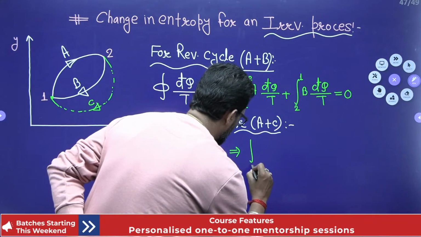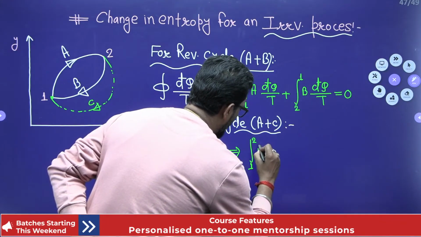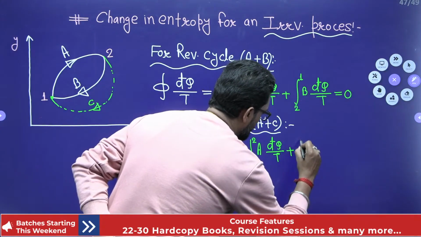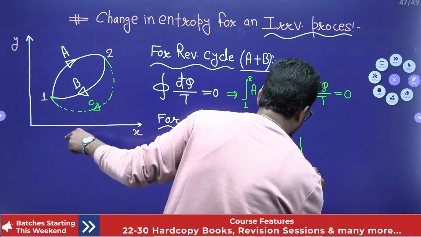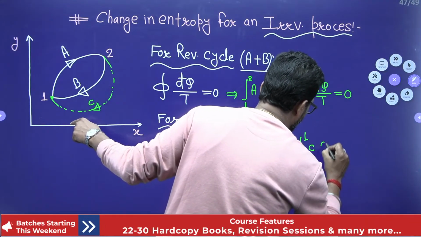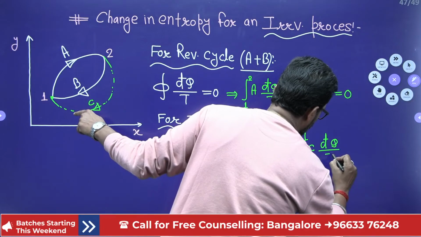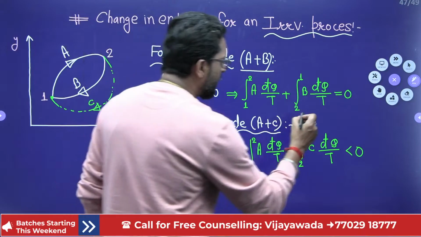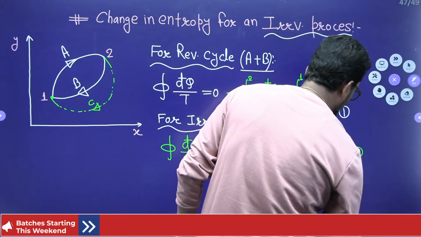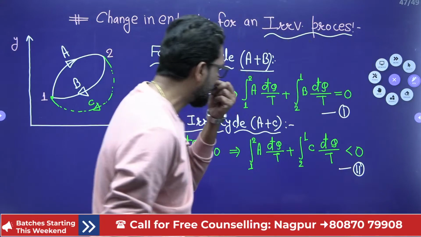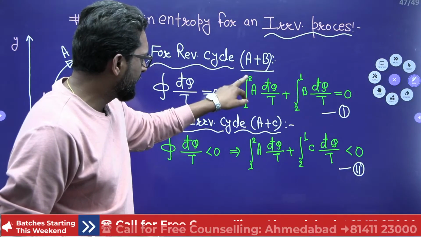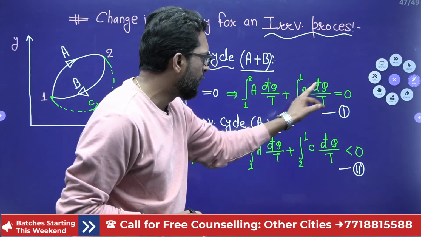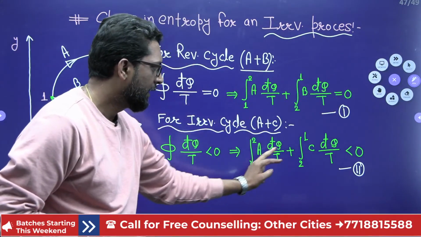That means process 1 to 2 via path A dq by T plus process 2 to 1 via path C dq by T, and this is less than 0. Okay. Now you can compare the first equation and the second. With the help of these two equations, we can write process 1 to 2 via A dq by T is equal to minus 2 to 1 via B dq by T, and put it here, and then you solve it.